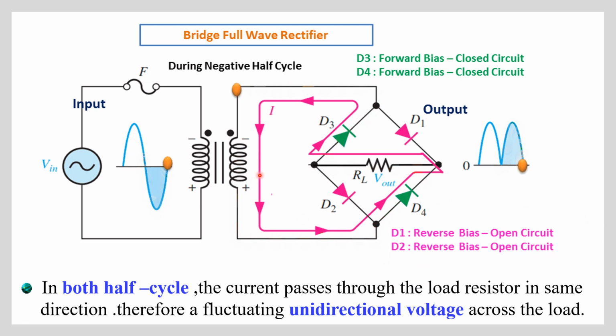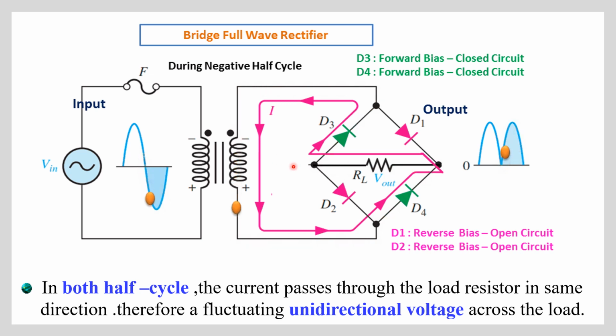So let us see how the current will flow. It will flow through diode D4, which is forward biased, then RL, where we get the V out for the negative half cycle, then it will flow through D3 and then to the secondary negative. Clear? So here the circuit is completed.